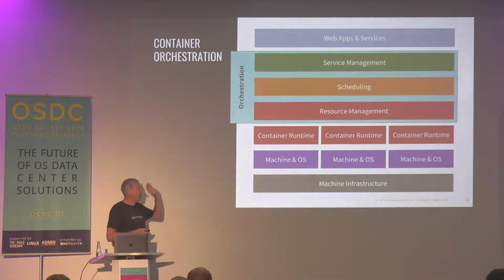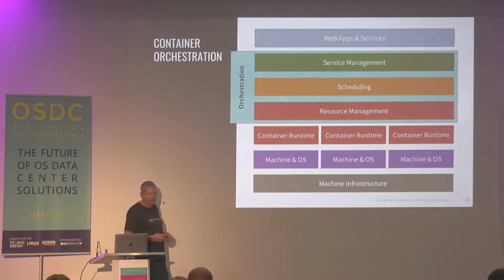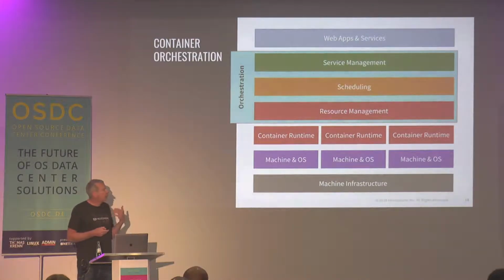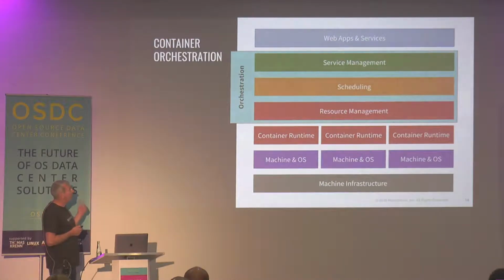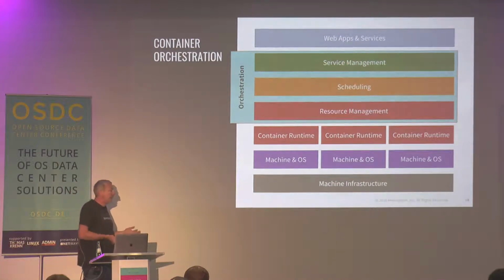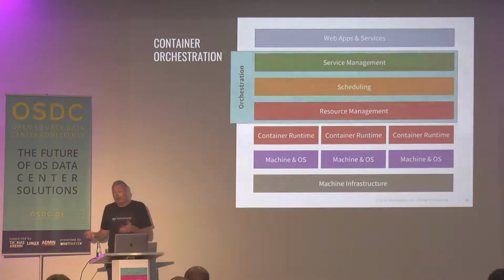So right from all of our machine infrastructure, all of our container runtimes, our operating systems are all abstracted away. And we're just left with our container orchestration layer that treats our underlying infrastructure as just pools of resources where applications can be deployed.